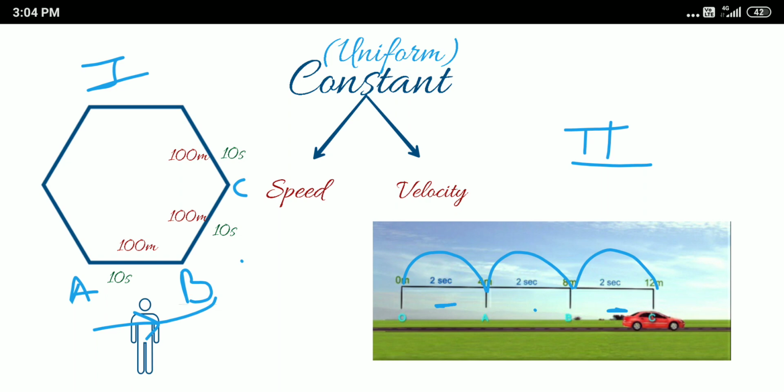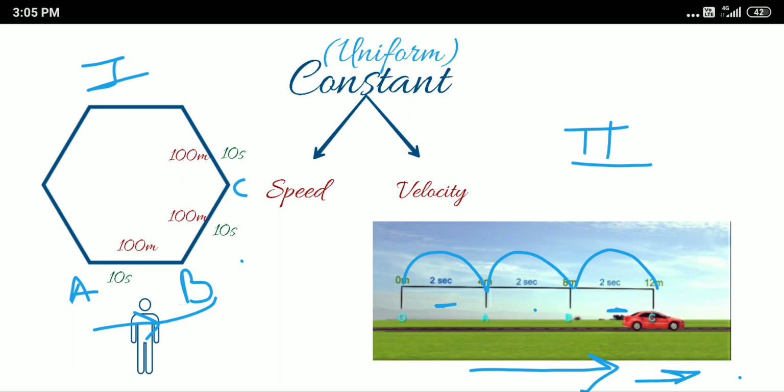You can clearly differentiate between the two pictures. In the first picture, direction is not specific, but in the second picture, direction is specific. It is in a particular direction. So how do we define a uniform velocity? When an object travels equal distance in equal time interval in a specific direction, the object is said to be moving with a uniform velocity.